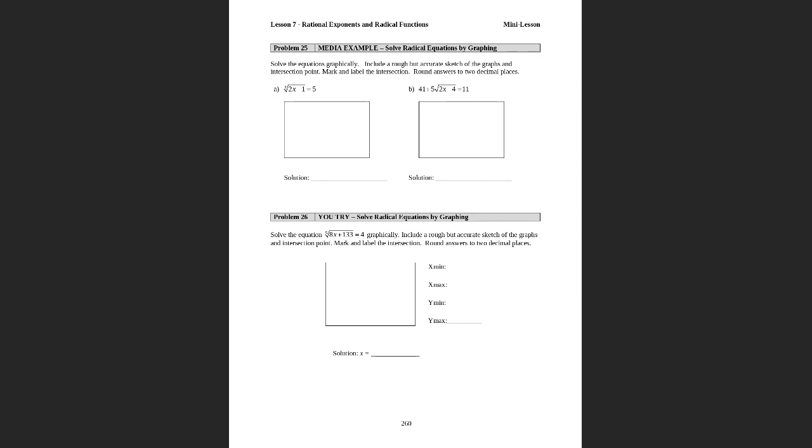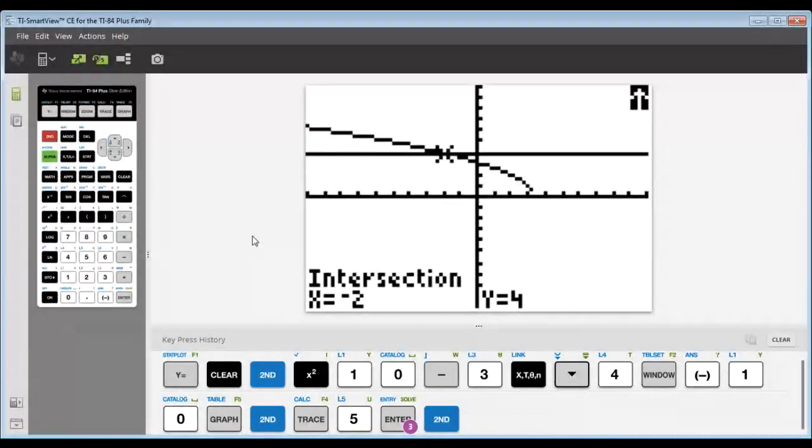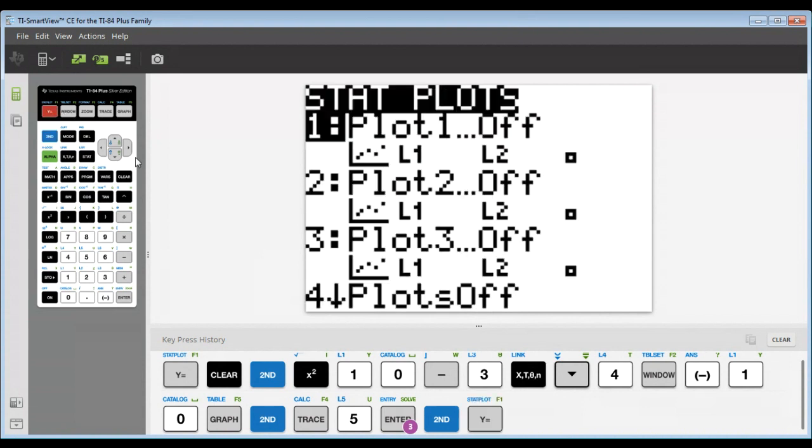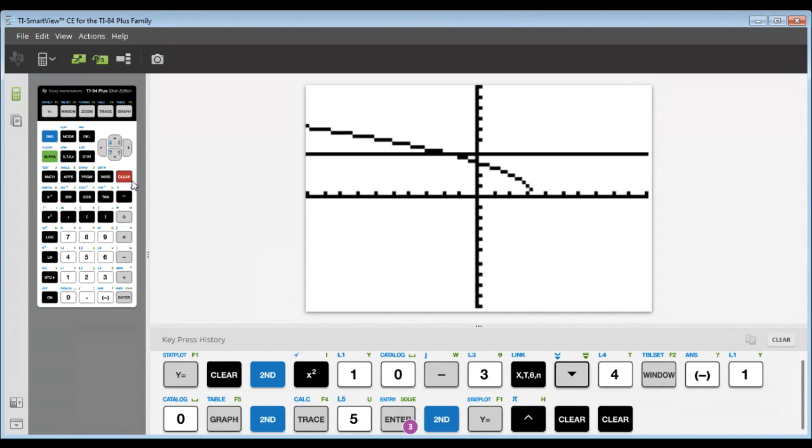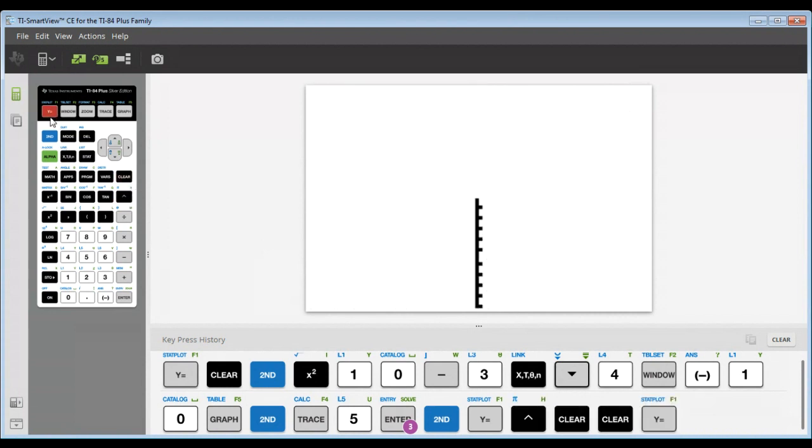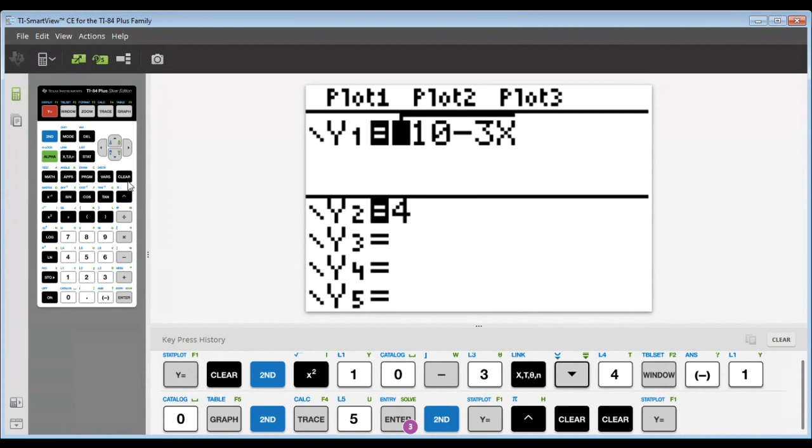Share screen. Calculator. Now, I have the fifth root of 8x plus 133. I hope I got that right. So y equals the fifth root, right?